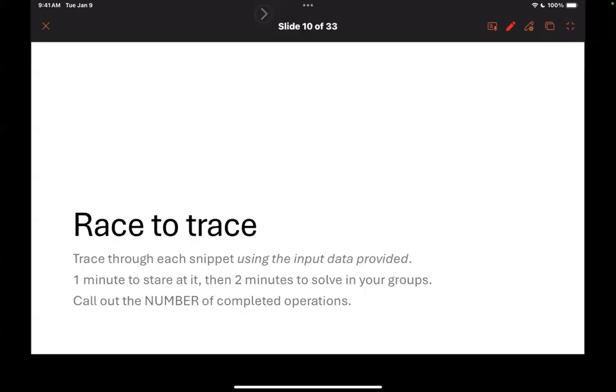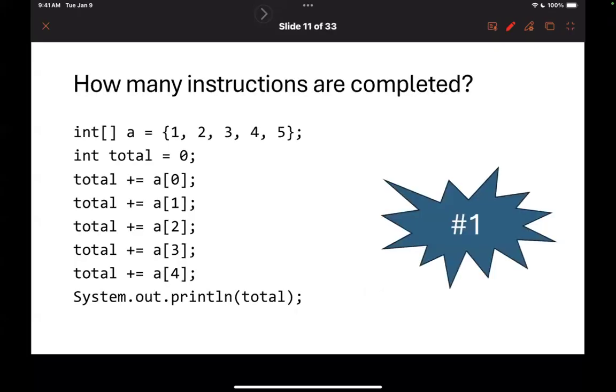Then I'll want you to call out how many operations get completed for each snippet of code. For the first one, let's start with 30 seconds, because it's not that complicated. All right, stare at it and count.